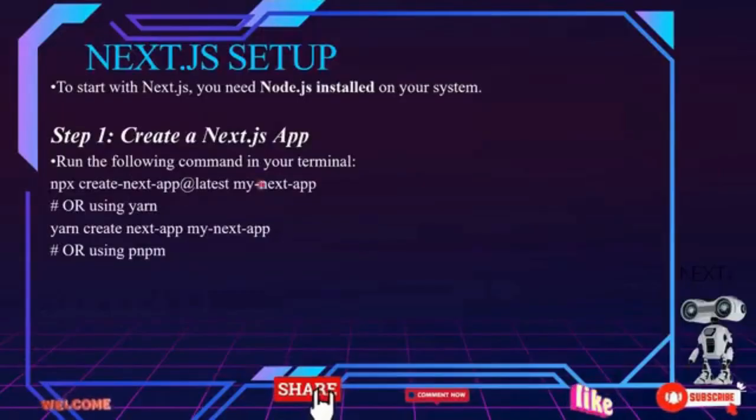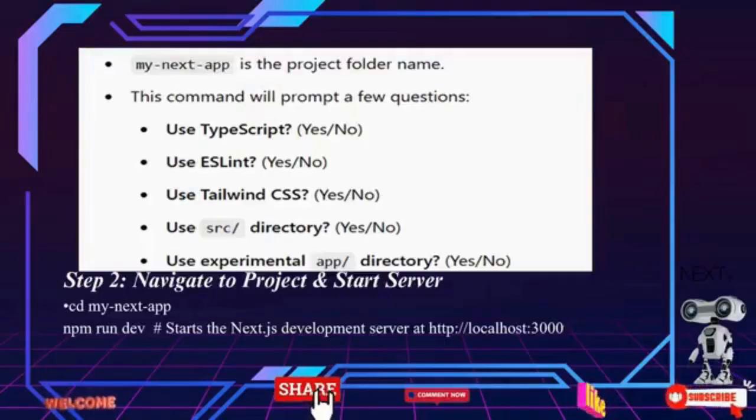Setup. To start with Next.js you need to install it on your system. First run the following command: npx create-next-app@latest my-next-app. You can run this in the terminal on Windows, Mac, or Linux. You can also use yarn or pnpm with create-next-app. Here my-next-app is the project folder name.